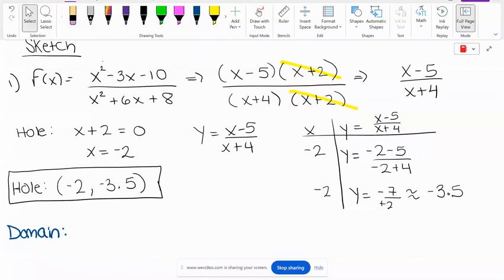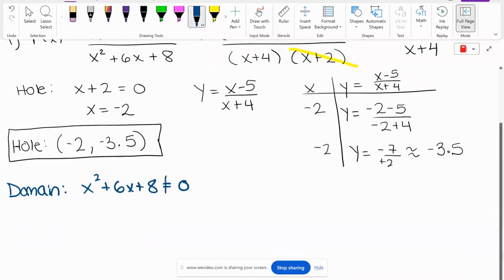But everything else after that, we use the simplified version of it. So for the domain, I'm going back to the original, and I'm going to take that denominator and set it equal to 0. And we know it cannot equal 0. There we go. So now we factor, and we have x plus 4, x plus 2.